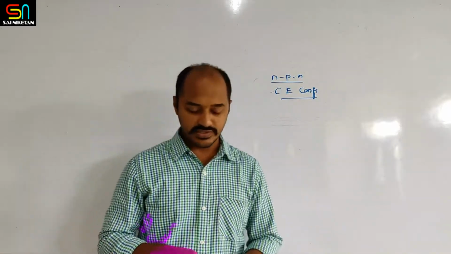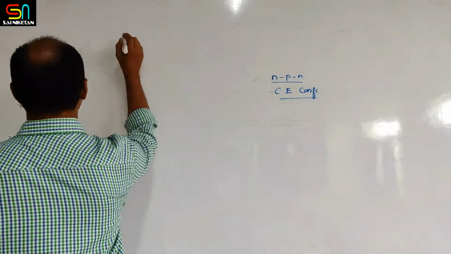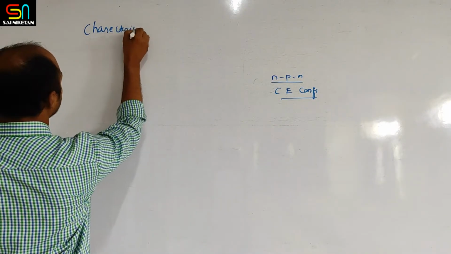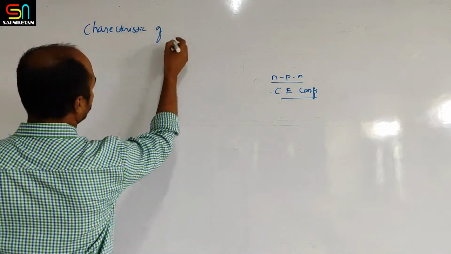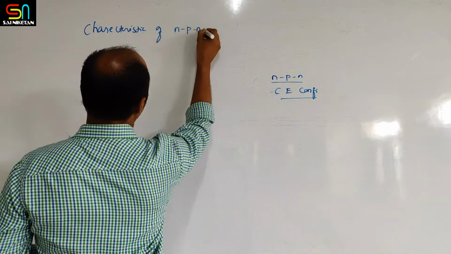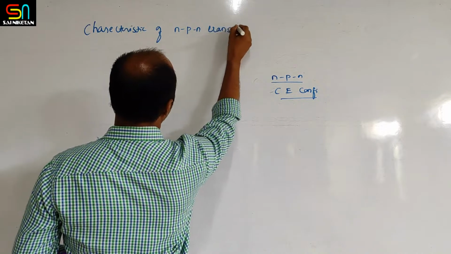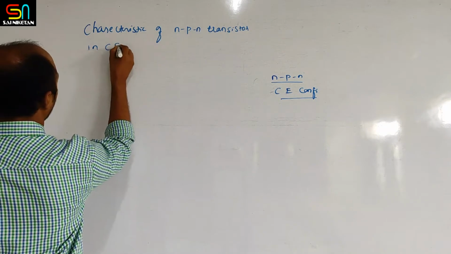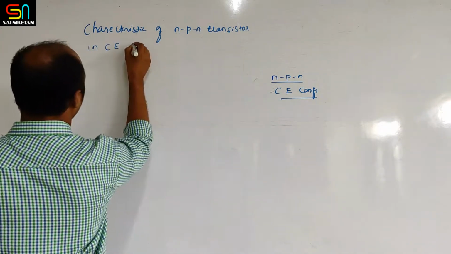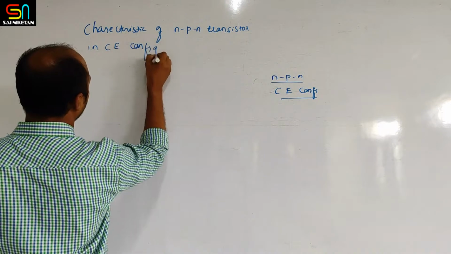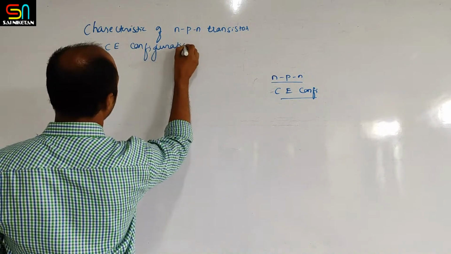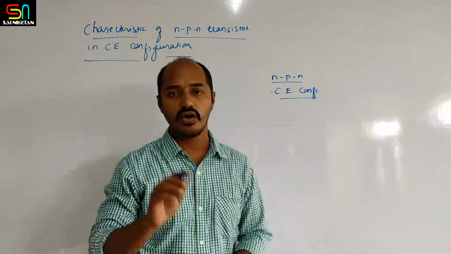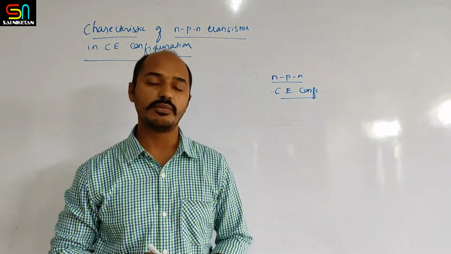So today we will discuss the characteristic of the NPN transistor in common emitter configuration. In your syllabus, whatever we are studying, whatever the application of the transistor we are studying, is all for the common emitter transistor.